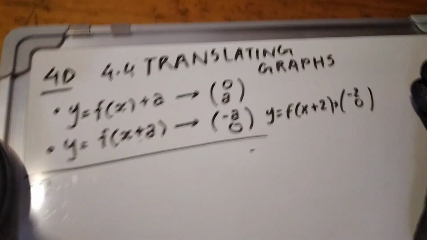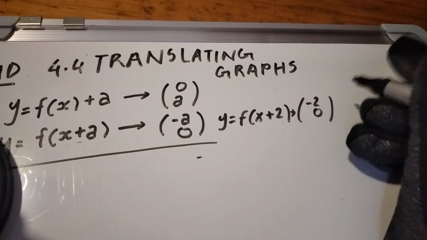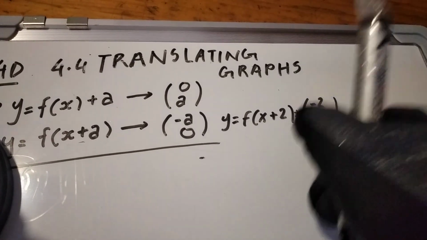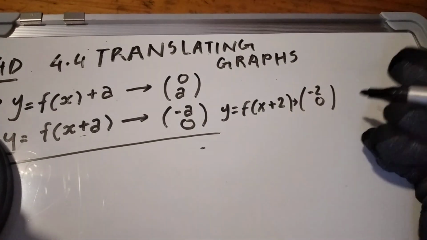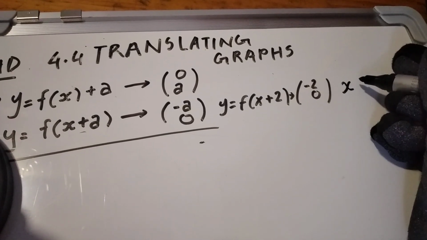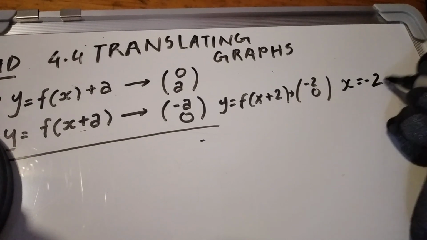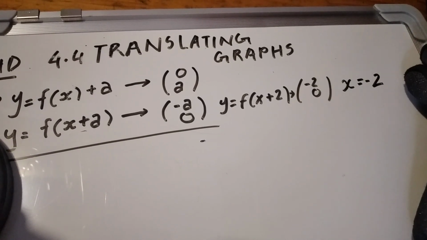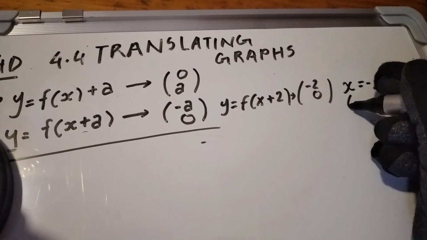So if it's translated to (-2, 0), the asymptote line will also move by minus 2. So the asymptote line will be x equals -2. This is the asymptote.